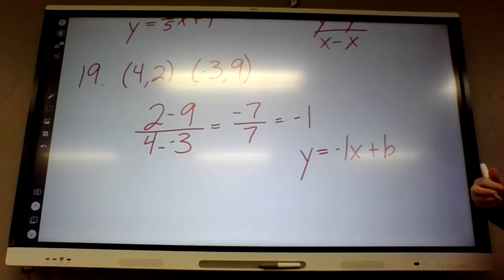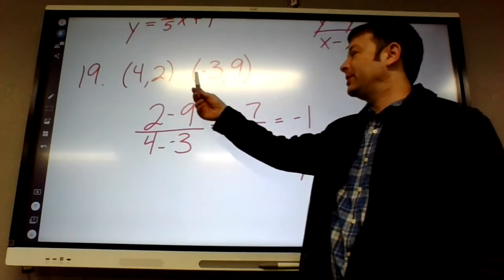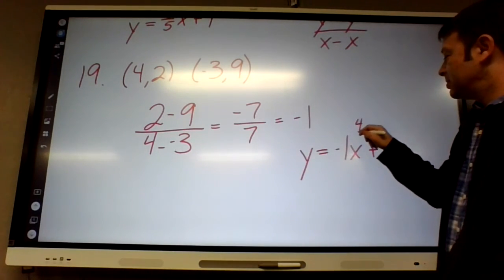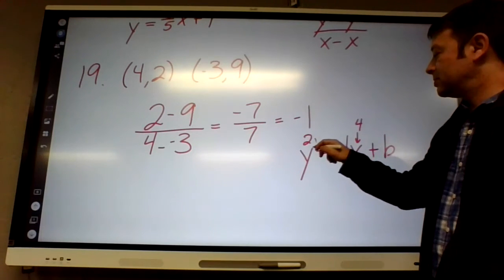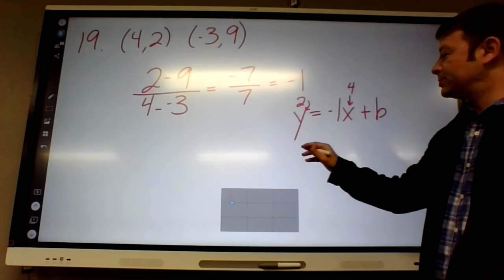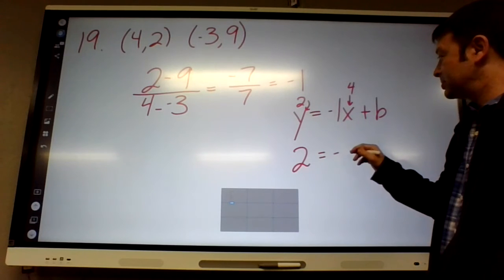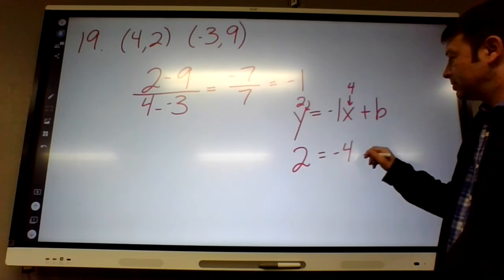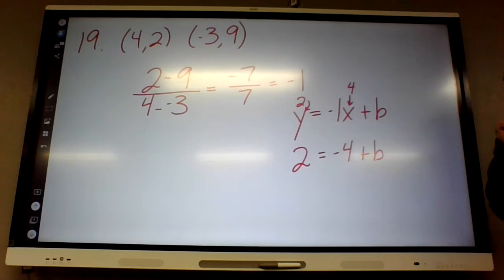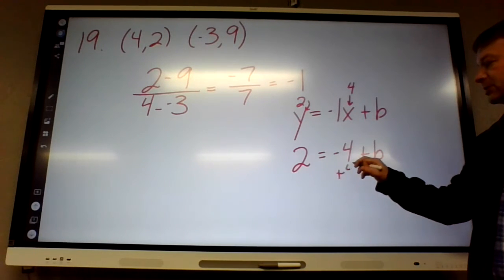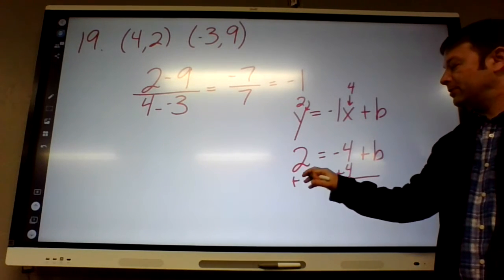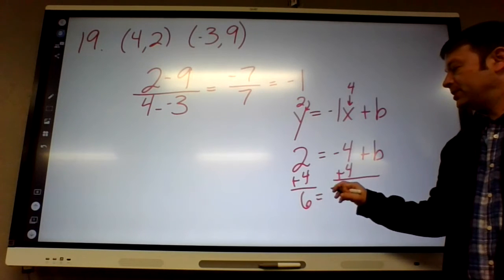So you can choose which of these you like better. I like -3, 9. Okay, I'll plug in 4, 2. So 2 equals -1 times 4 plus b. See, now we have a -4 in there. If we would have chosen -3, 9, it's easier to just add 4. So if we add 4, we get b equals 6.